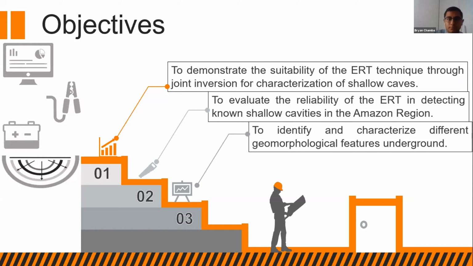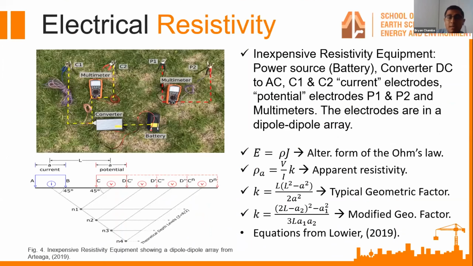To do it, we use electrical resistivity. So basically, resistivity is a measurement of how much a material opposes electricity. So using this idea, we created this inexpensive resistivity equipment that is composed of these parts.